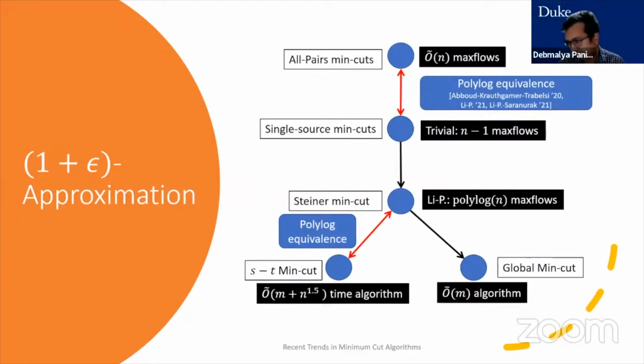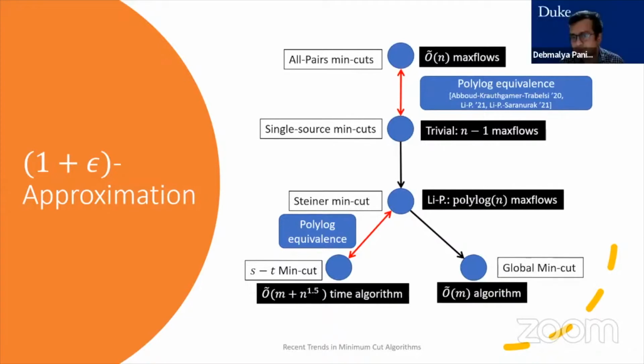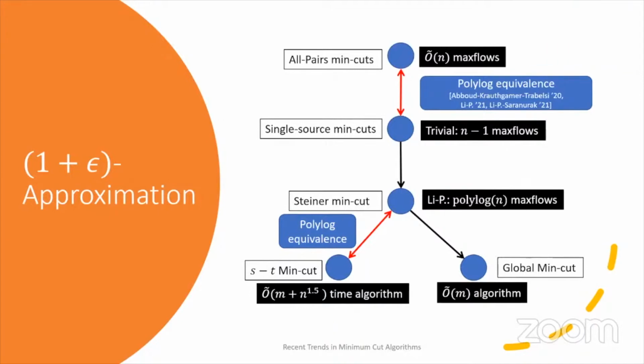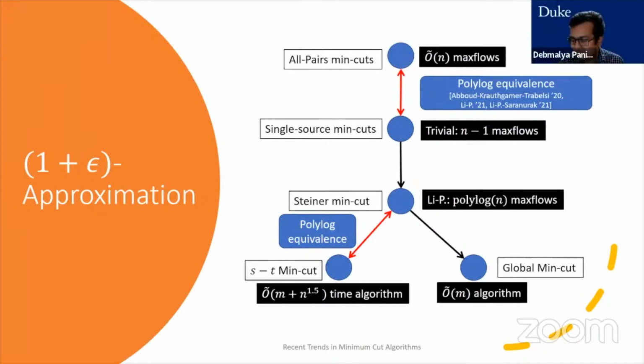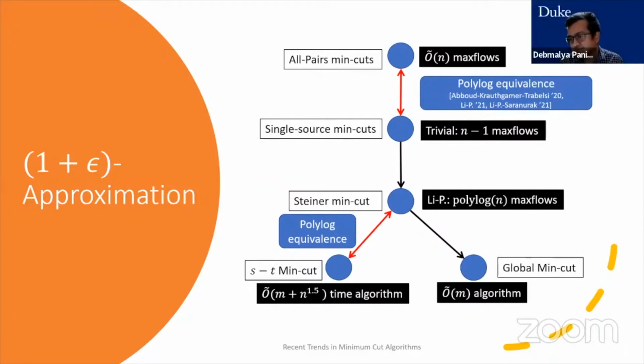Certainly. All pairs min-cuts is a more general problem than just ST min-cut, right? From all pairs min-cuts, I can retrieve ST min-cut. I may not be able to retrieve a maximum flow, but in this entire picture, none of these problems is about finding flows. When I say max flows, it's just because I want to use max flows as a term for ST min-cut algorithms.